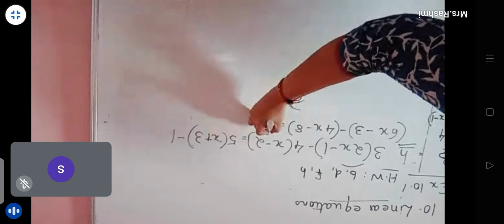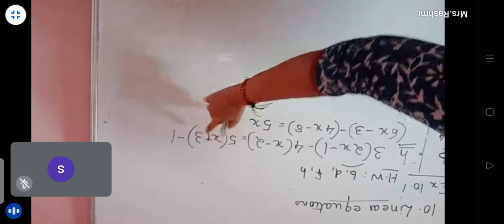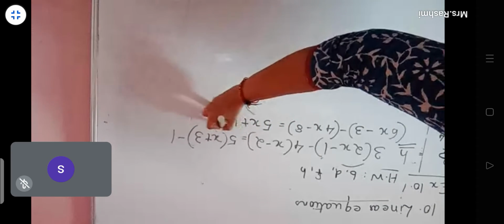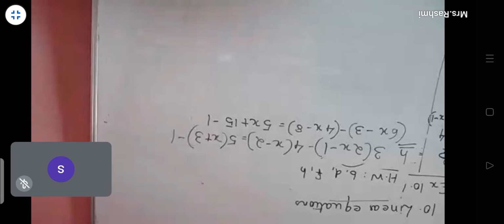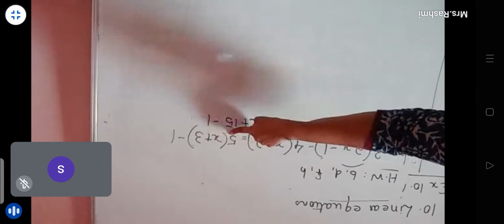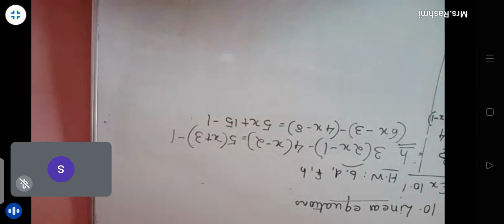Then 5x, 5 into 3, 15, minus 1. This number is to be multiplied only with this one. Whatever is inside the bracket, only with that we are going to multiply this 5. Whatever is there after the minus is a totally different term. Don't get confused there.